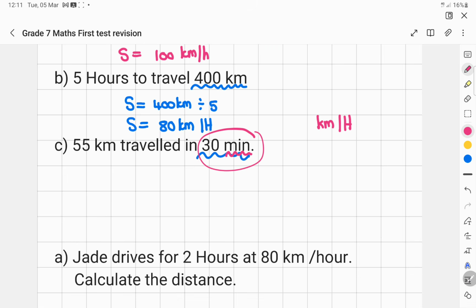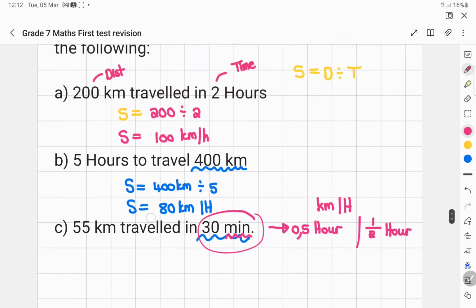We even use funny minutes like 35 minutes that doesn't have a perfect fraction or a rational fraction. There we go. So 55 kilometers traveled in 30 minutes. So you must remember 30 minutes you can rewrite as half an hour. Either like that, or you can say half an hour.